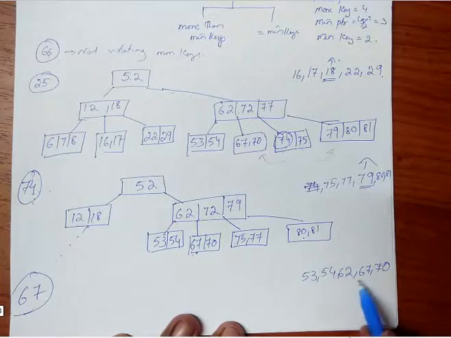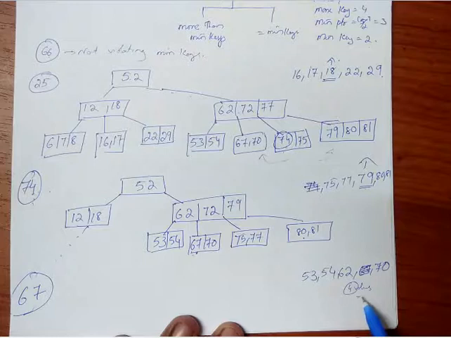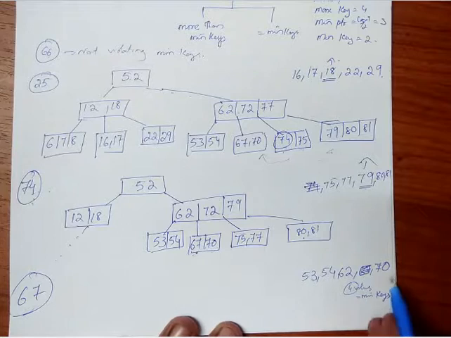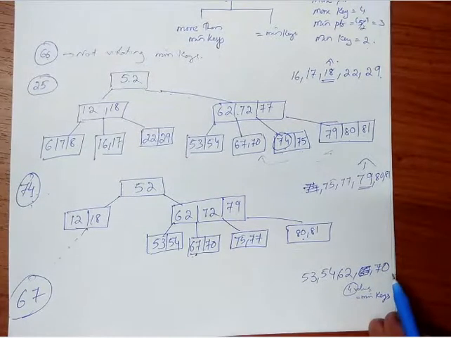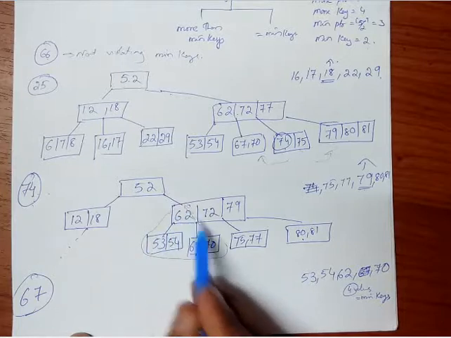So we combine the elements and remove 67 from the list, and now we can see only 4 elements in the node. When we combine the left sibling, parent and right sibling and remove our deleting value, there are only 4 elements, and the maximum key value is equal to 4. We can store 4 elements in a particular node. So here we do not need to divide the elements with a middle value.